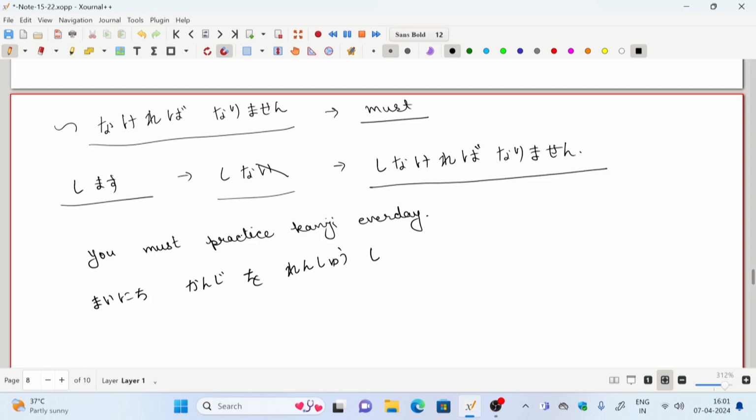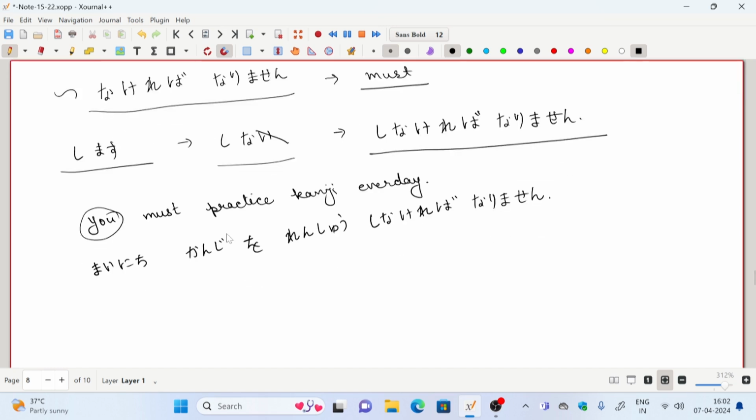So shimasu will change into shinakereba narimasen. Mainichi kanji o renshu shinakereba narimasen. Here you is missing. We usually avoid using anata.